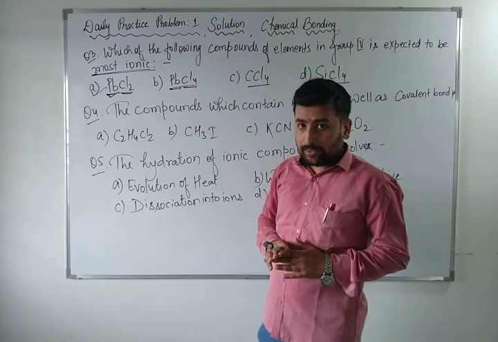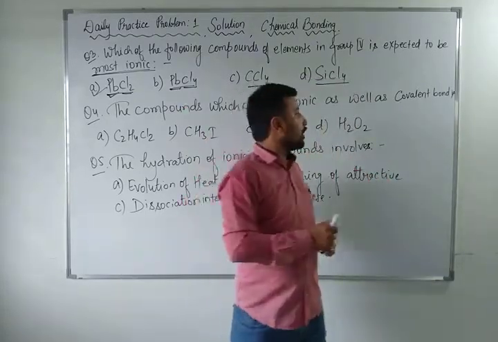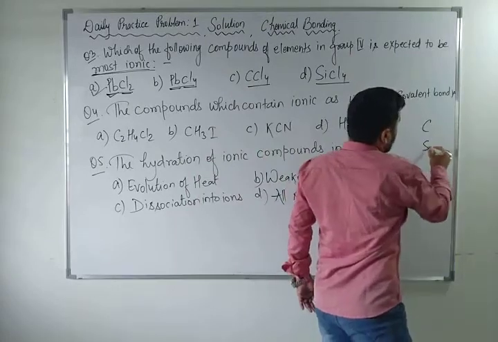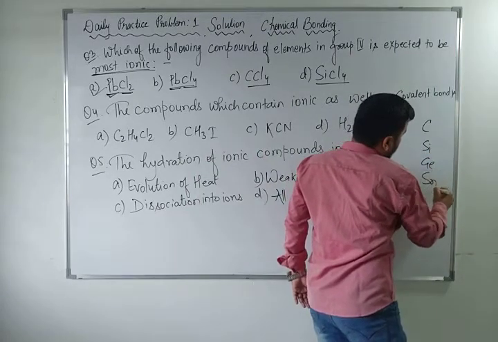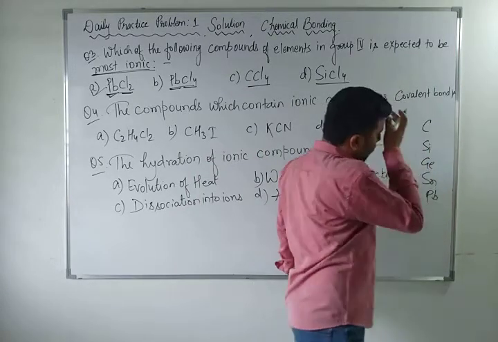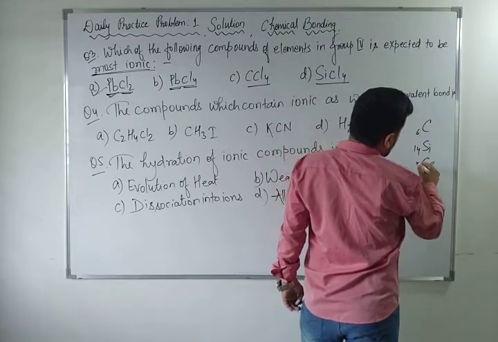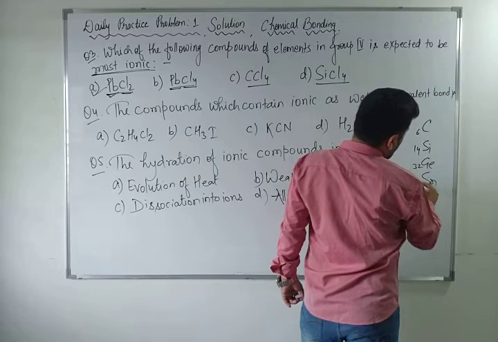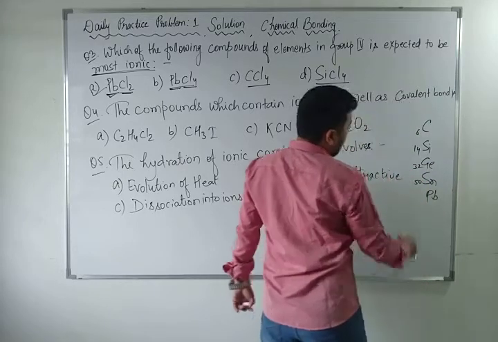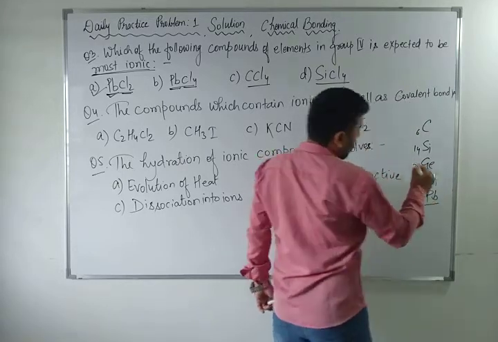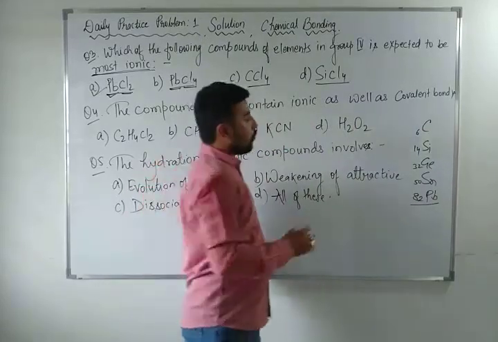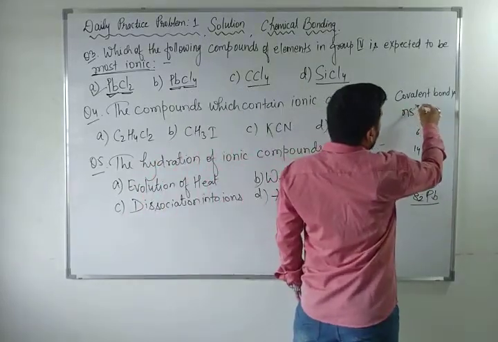Got it? You know very well, lead means what? Carbon, silicon, germanium, tin, lead, with atomic numbers 6, 14, 32, 50 and 82. In this, 82, you know ns2 np2 is the general electronic configuration.